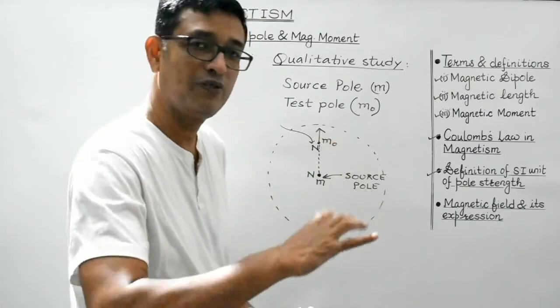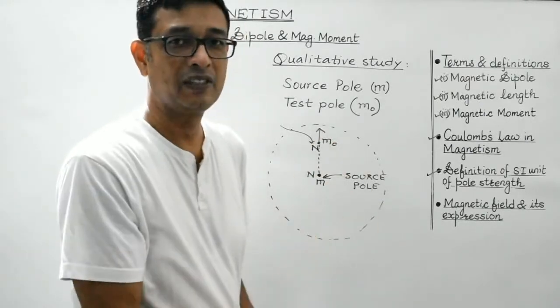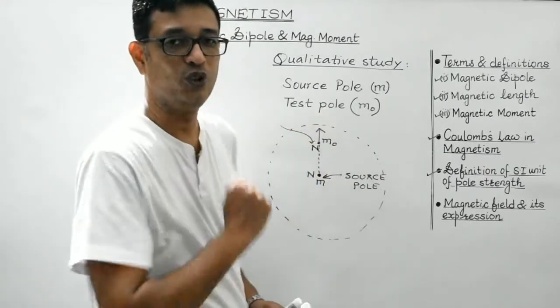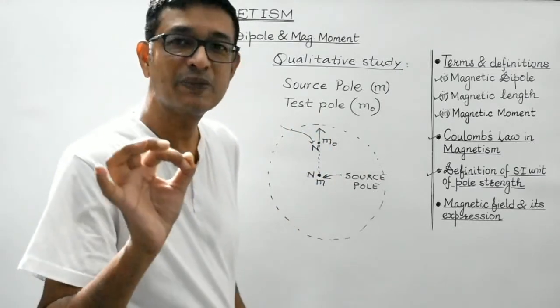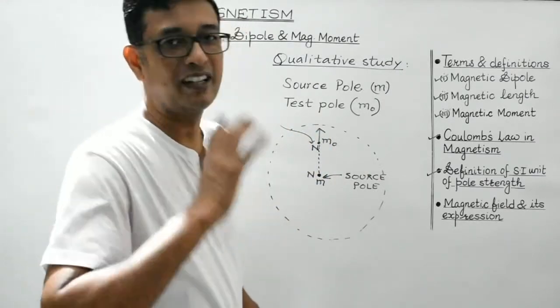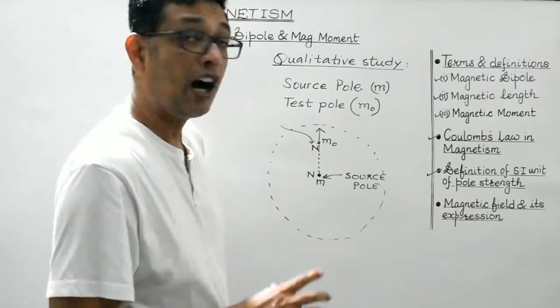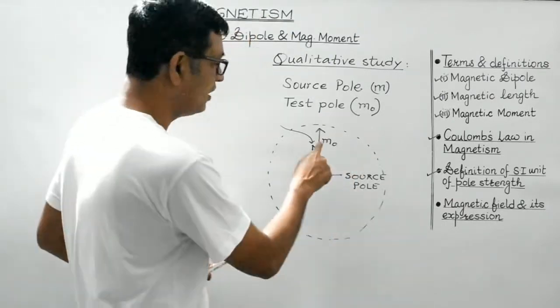It may be either of attractive nature or repulsive nature, depending upon the nature of these two poles. So this space property is known as magnetic field. Clear? Now how to measure the strength of magnetic field at a point?